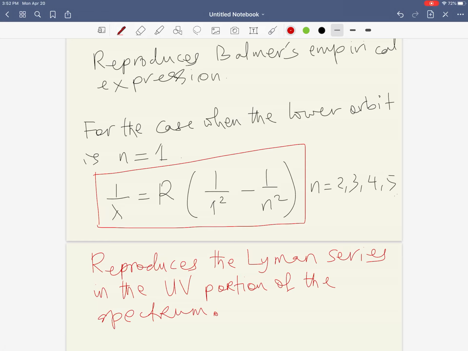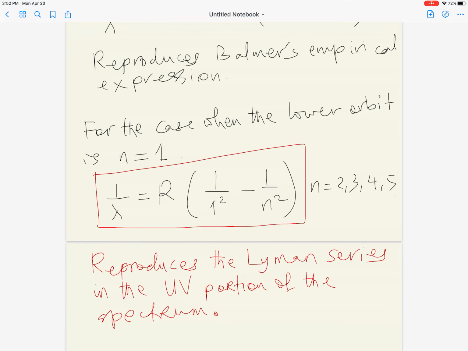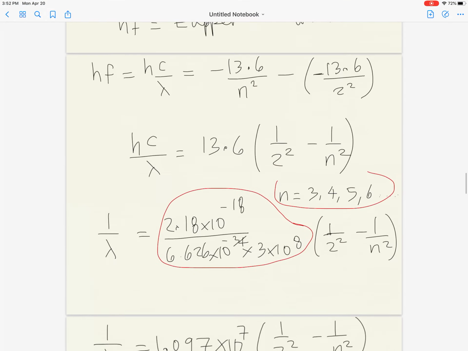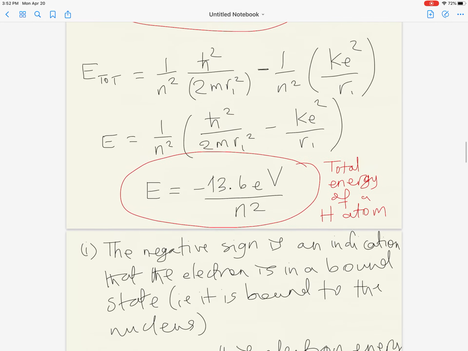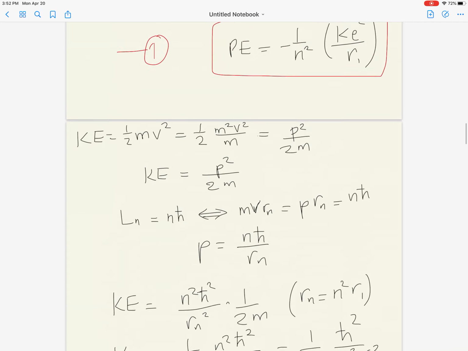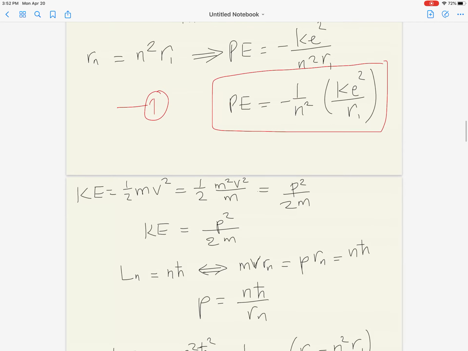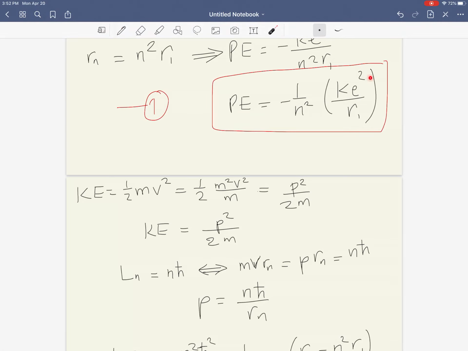And I believe that at this stage you have enough information to do the problems on homework 12, because you have an expression here. Well, let's go up here. You have an expression for the potential energy. If the question says calculate the potential energy, well, you have an expression for it.